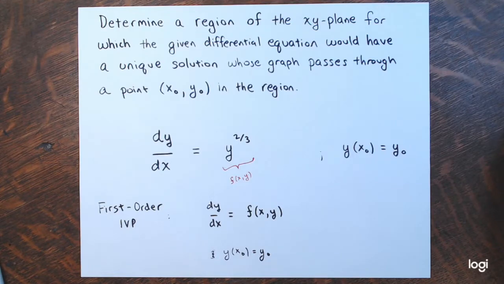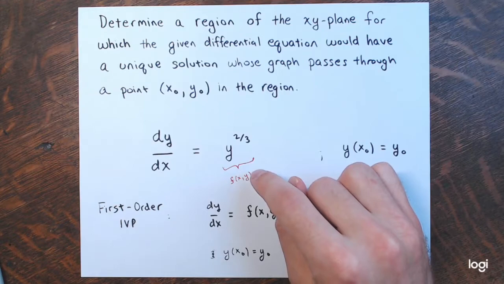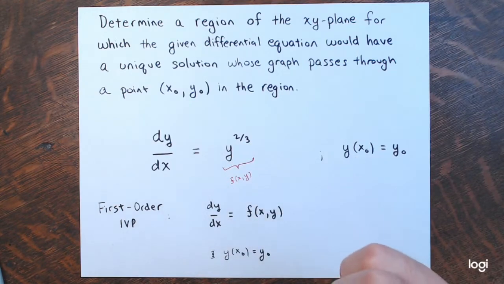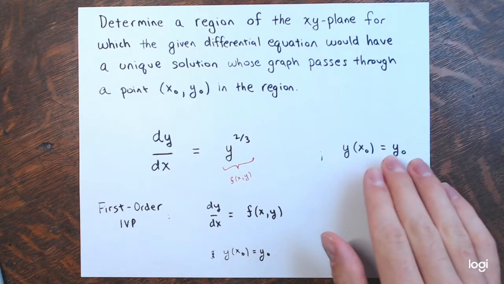Okay, so all we need to determine is where is f, this y to the 2/3, and the partial of f with respect to y, where are those continuous in the xy plane? And it's in those regions where a unique solution will exist that go through whatever point is mentioned by the initial condition. Again, we're not really focusing on any particular point.